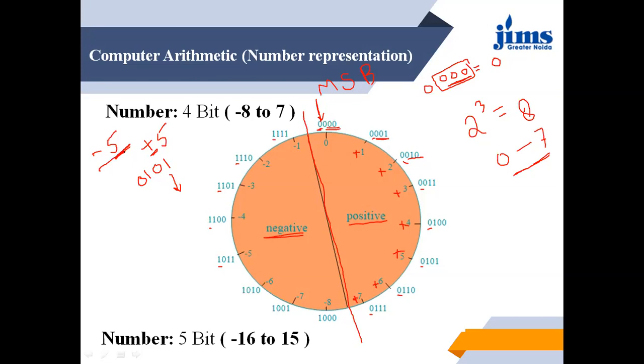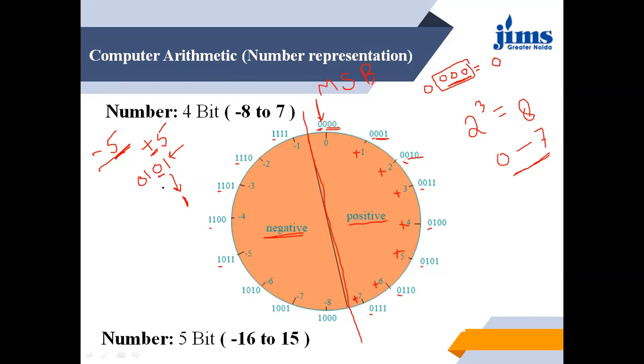As I told you, the direct method to find the 2's complement is that we start from right to left. Write the first 1 as it is, and after that flip the 1 into 0 and 0 into 1.